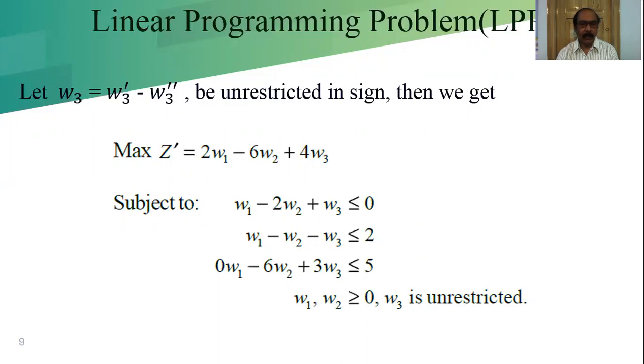Now we get W1, W2 greater than equal to 0, and W3 is the difference of the two restricted variables greater than equal to 0. That's why W3 is unrestricted in sign. So this is the dual of the given problem.